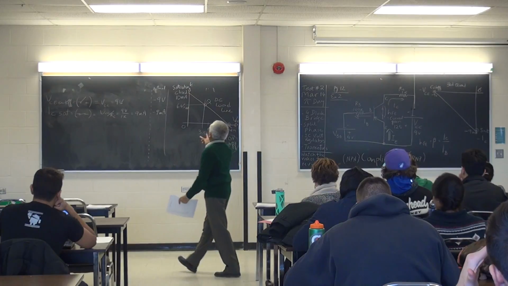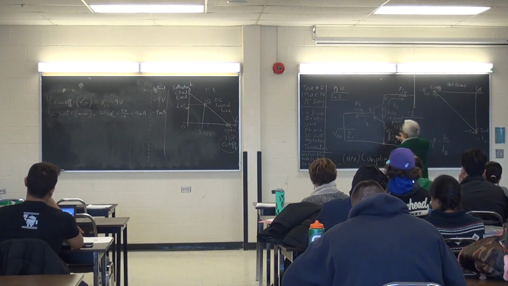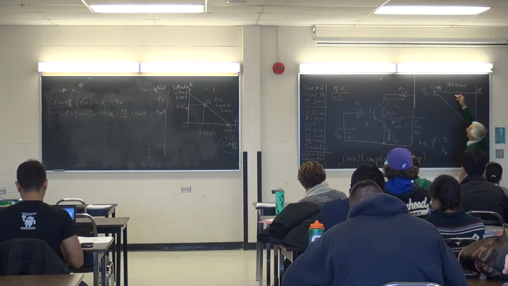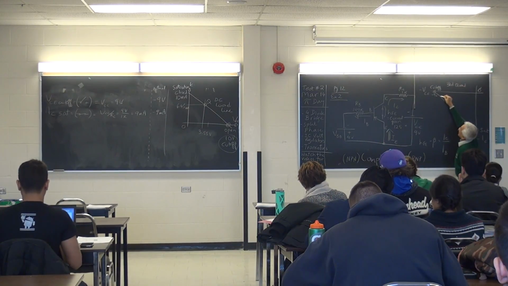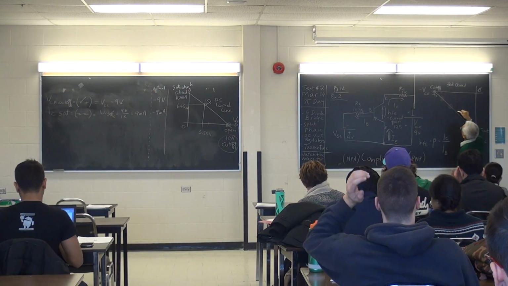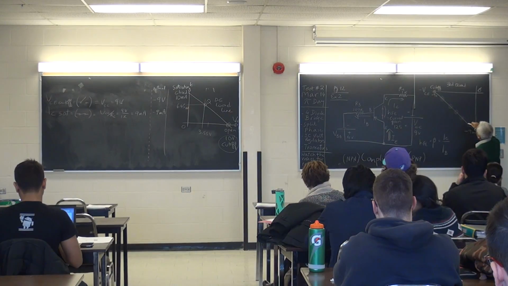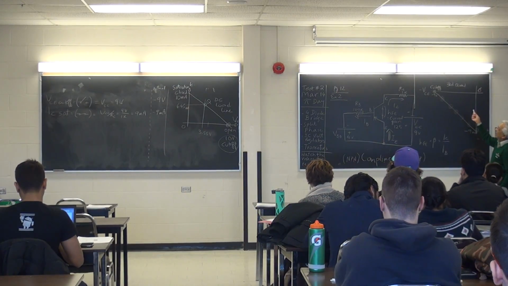Now, we find the operating point of this circuit. So, if I want to determine, is it operating somewhere here, close to the middle, down here, or down here? We don't know. We have to find out.